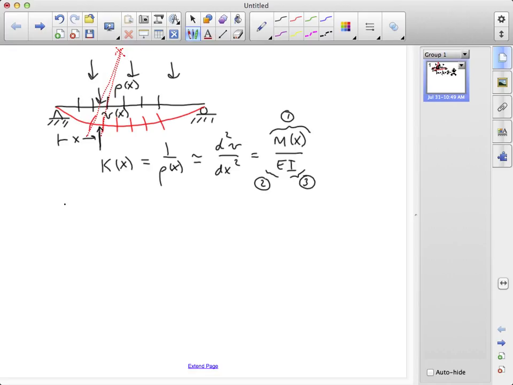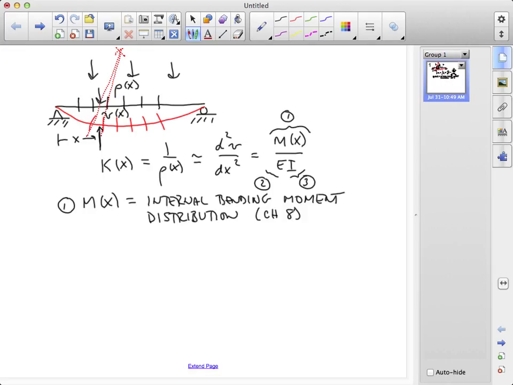The quantity M of x is our internal bending moment distribution from Chapter 8. So it represents one input to understanding how much a beam deflects under load. The quantity E in the denominator is something called a modulus.